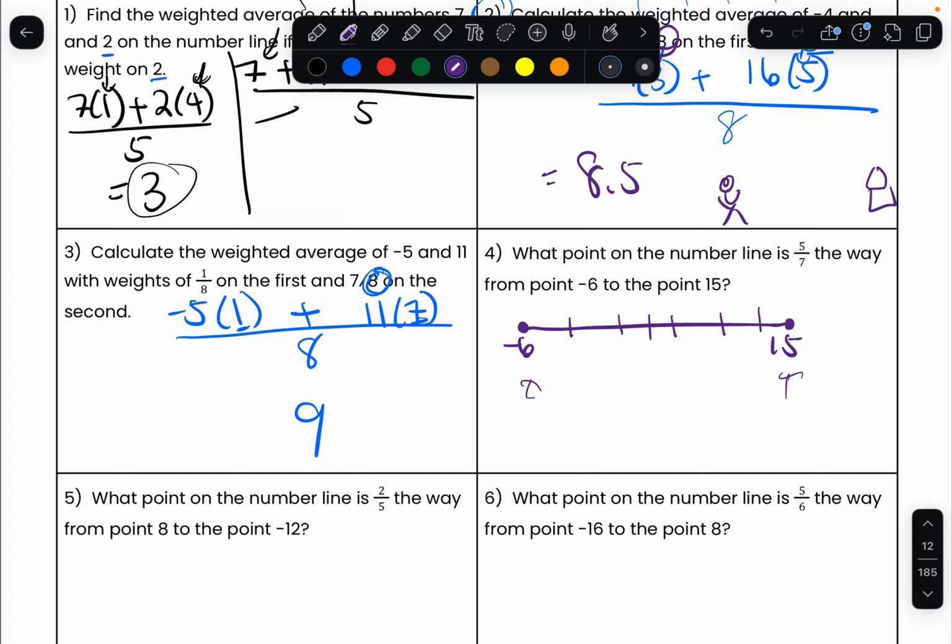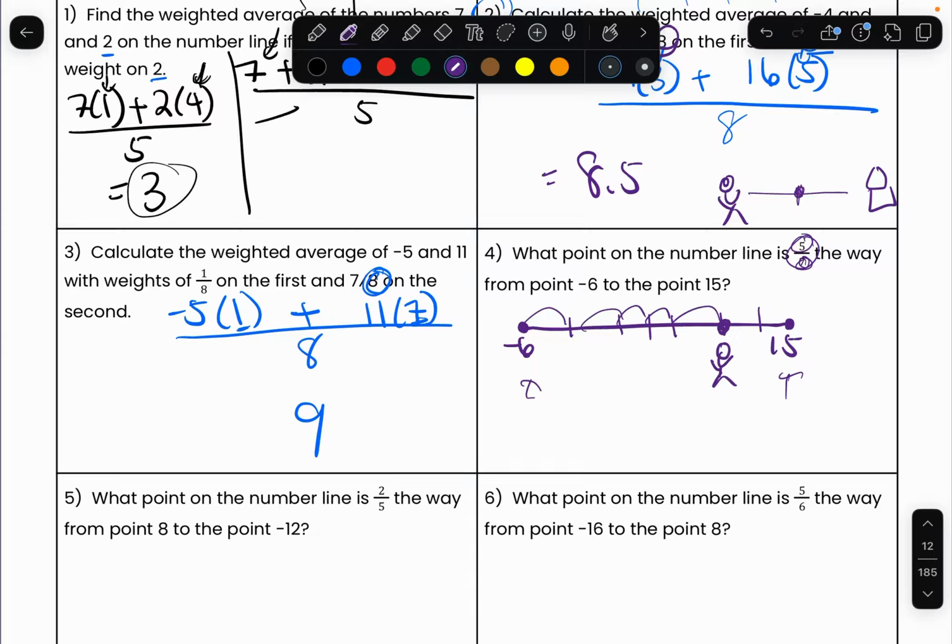If I tell you I'm half of the way there, I'm definitely going to break this line into 2 and then say I'm right here, right? So if I say I'm 5/7 of the way here, the 7 is my total distance. Now the 5 is how much I travel. So it'll be like 1, 2, 3, 4, 5. So my point will be exactly right here. This is where my little person will be if I'm actually traveling on the line.